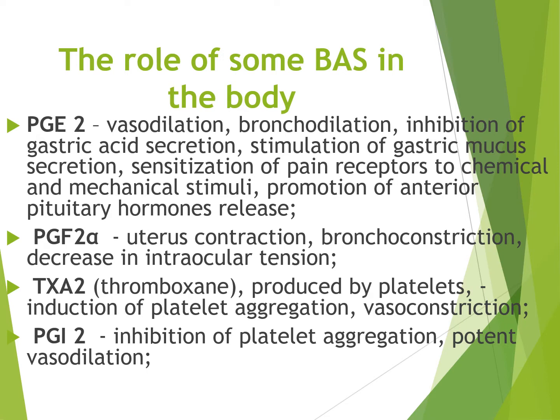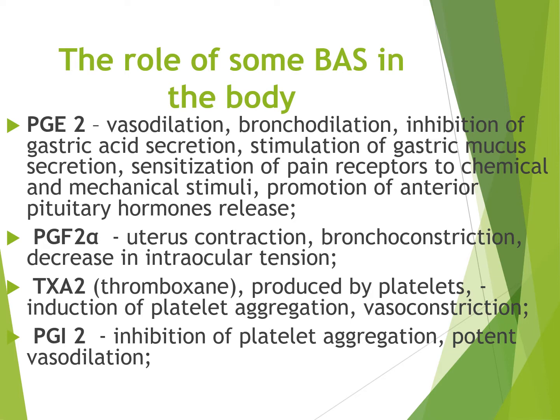Production of this biologically active substance leads to the induction of platelet aggregation and vasoconstriction. Prostacyclin leads to the inhibition of platelet aggregation and potent vasodilation. It is the main representative of these prostaglandins and has the opposite effect to thromboxane.